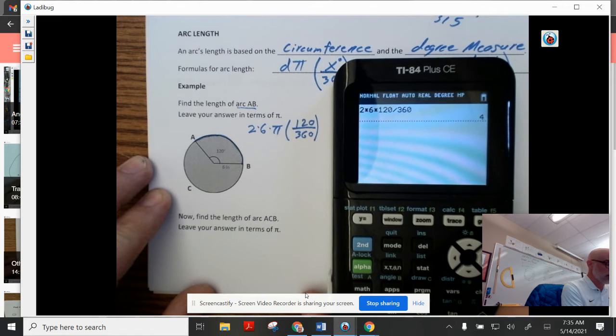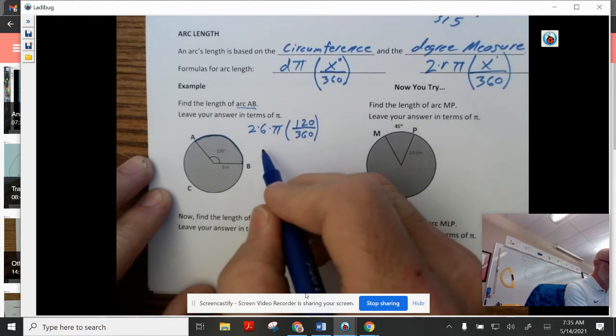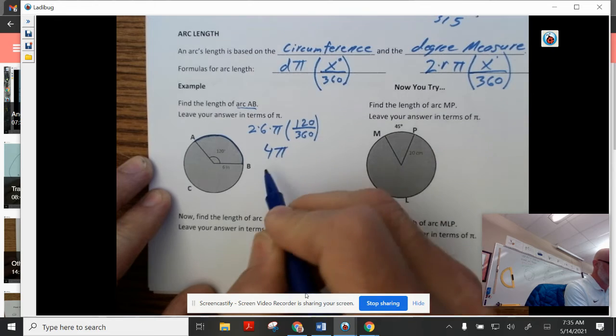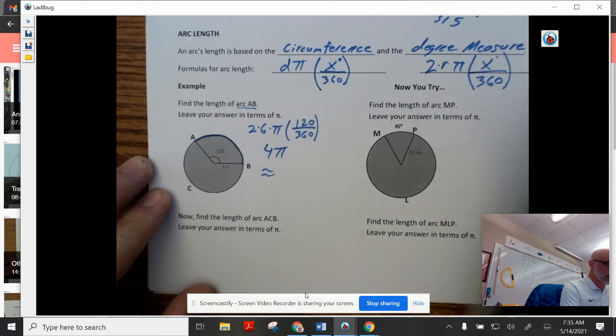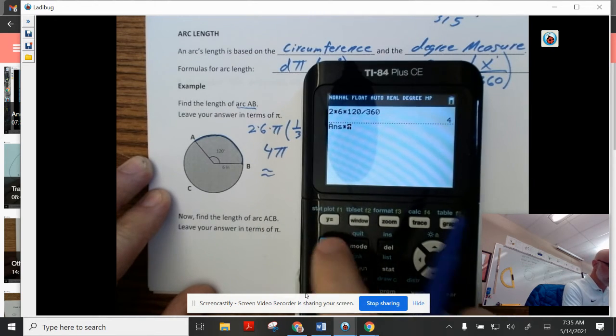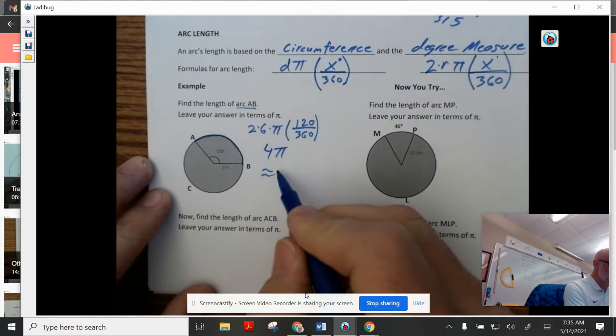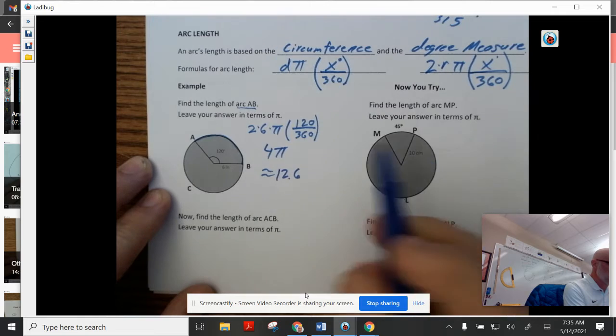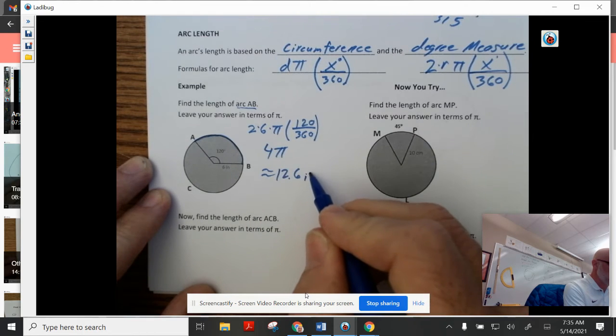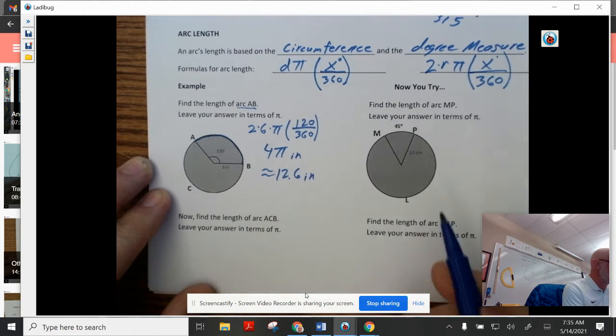So this arc length is 4 pi, which is approximately 12.6. And this would have units on there. They would be in inches.